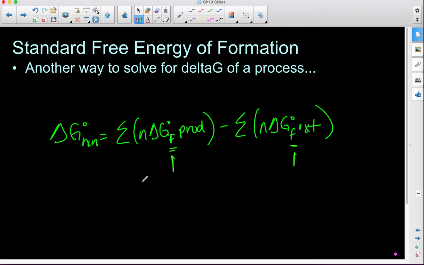This is going to be just like the standard enthalpy of formation, wherein elemental things in their standard states at 298 are going to be 0. So for example, H2 gas at 298 has a delta G of formation of 0 because there is no energy required to make this be what it is. That's just how it is. So we can use this to solve for delta G in addition to our other method of delta G equals delta H minus T delta S.